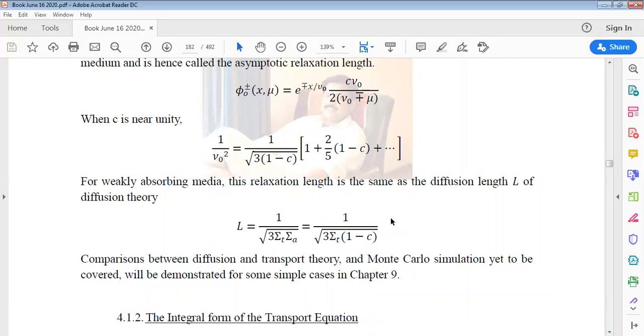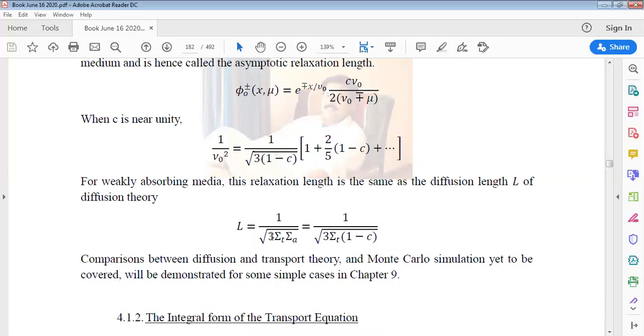Now, if you remember the diffusion length L, which we got from the diffusion theory, the scaling is by about that much: 1 over the square root of 3 sigma t times sigma a. If you take the diffusion coefficient, it is 1 over 3 sigma transport, and sigma transport is sigma t minus sigma s mu naught.